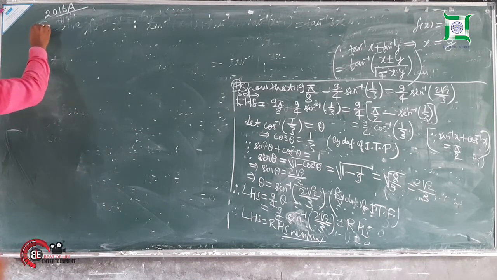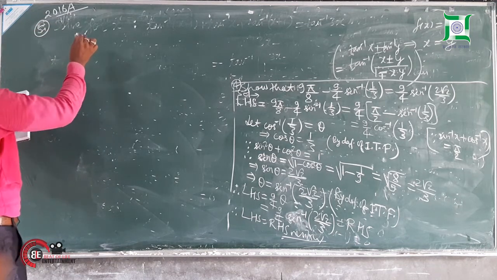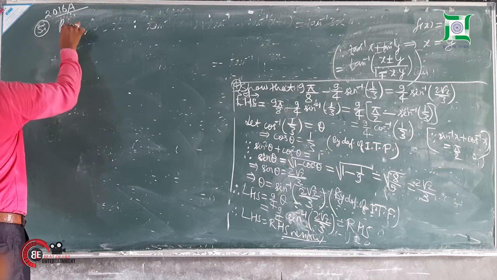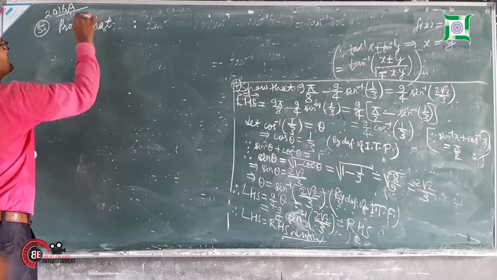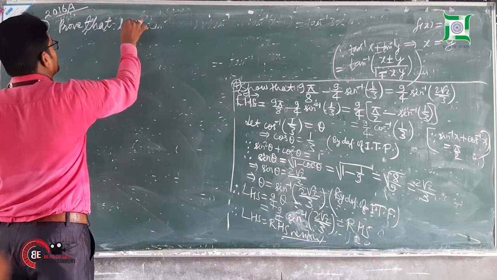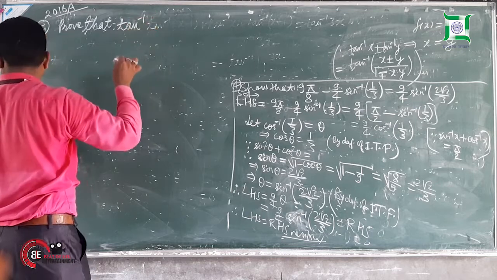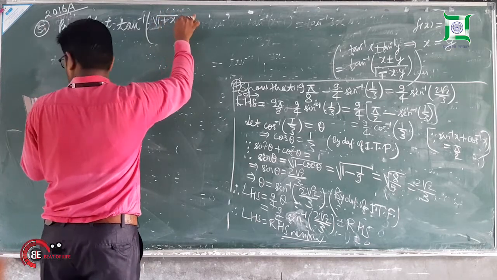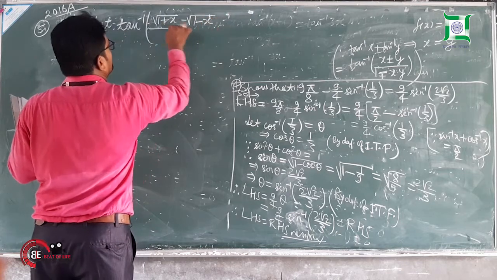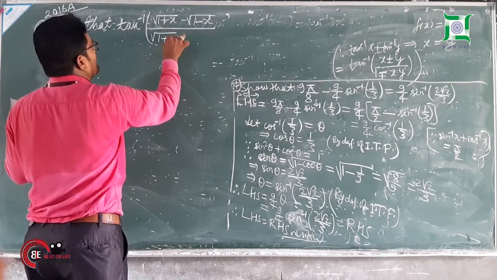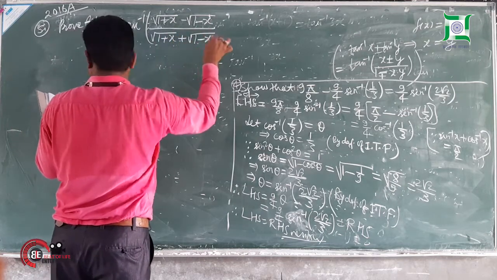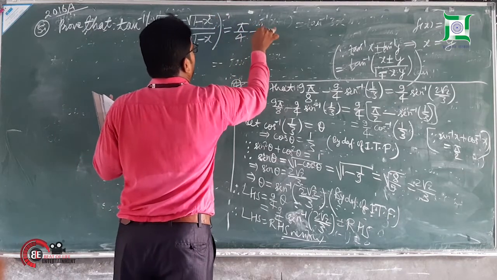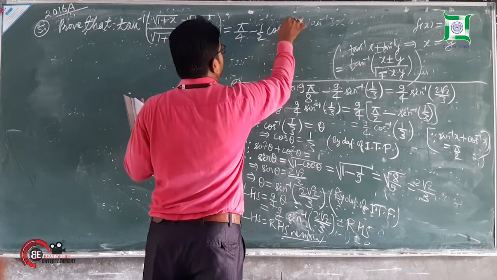See, question number 5. It is given: show or prove that tan inverse of (root under 1 plus x minus root under 1 minus x) by (root under 1 plus x plus root under 1 minus x) is equal to pi by 4 minus 1 by 2 cos inverse x.